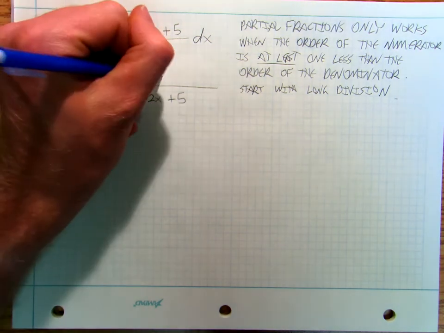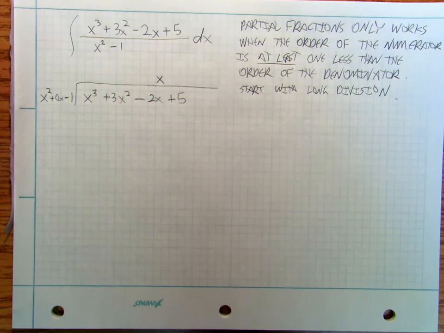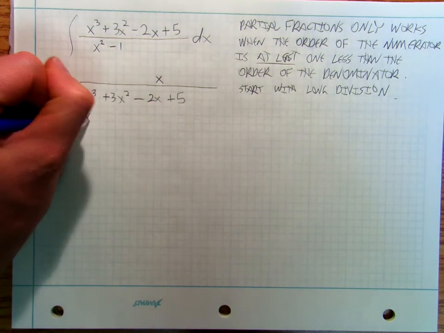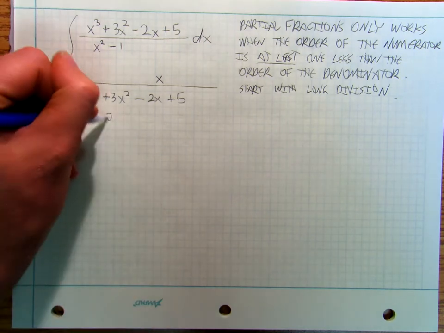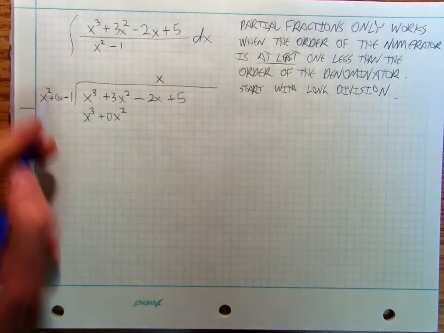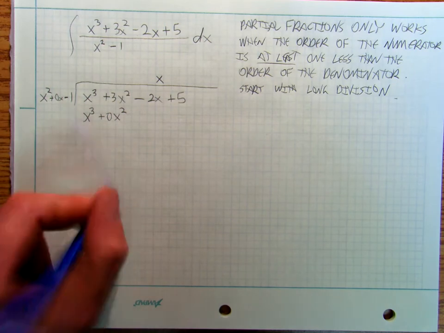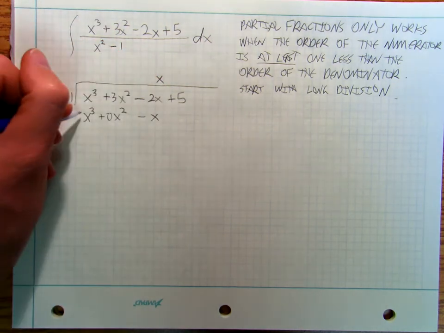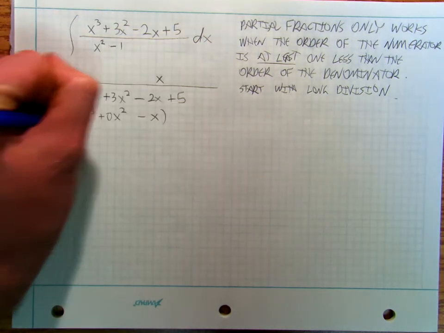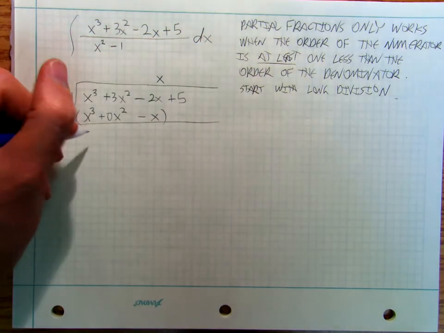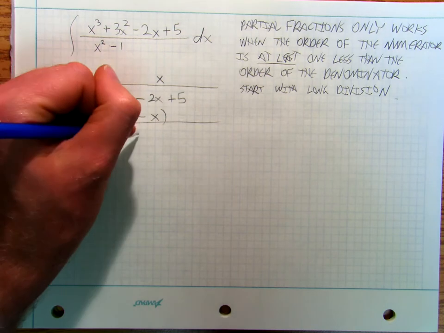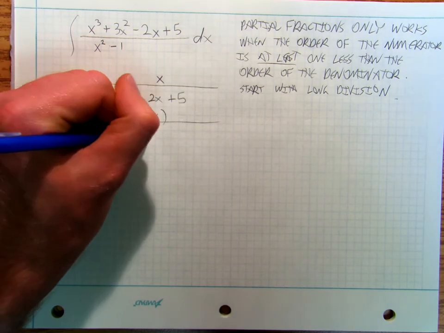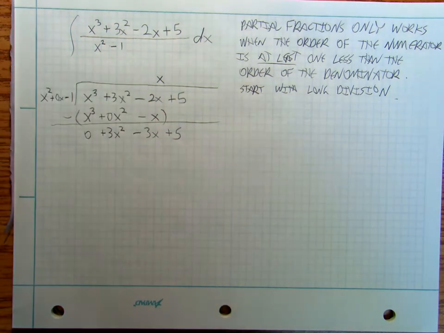Well, x. So x times x squared gives me x cubed, x times 0x gives me 0x squared, and x times negative 1 gives me negative x. And then I subtract those. So I've got 0 plus 3x squared minus x plus 5.